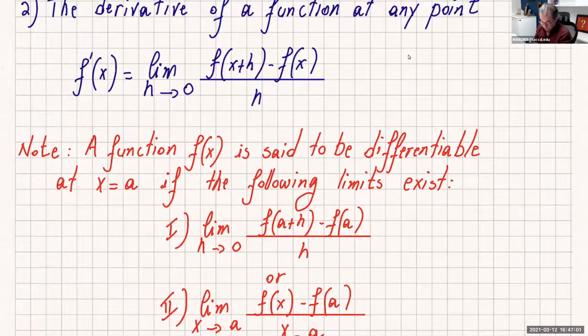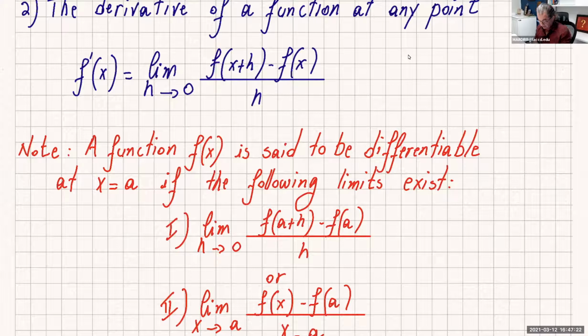Now, please be careful with this note. A function f of x is said to be differentiable at x equals a if the following limits exist. We saw already the limit as h approaches 0 of f of a plus h minus f of a over h. When you calculate that limit, it has to exist.